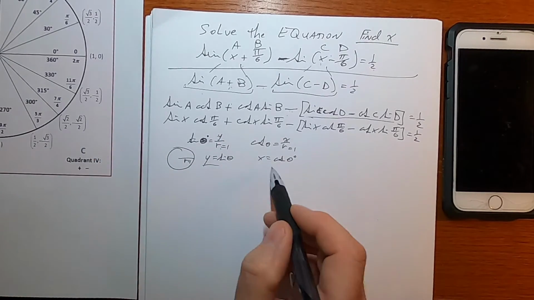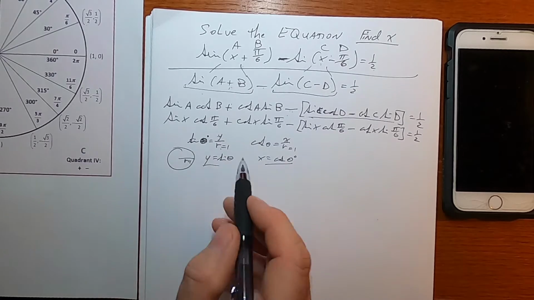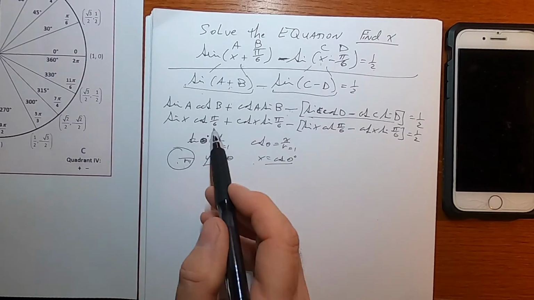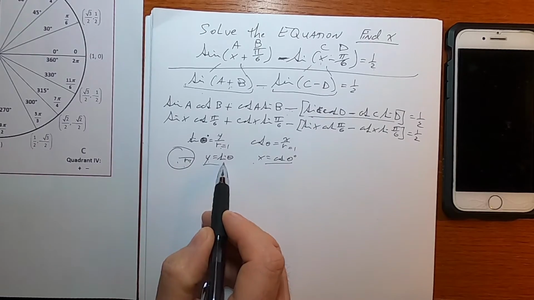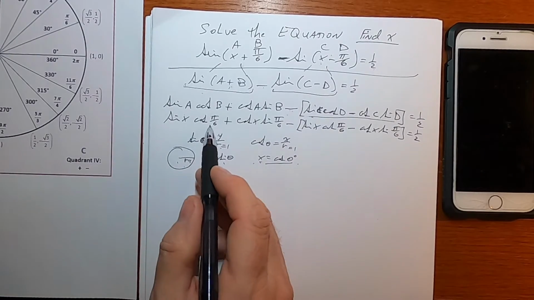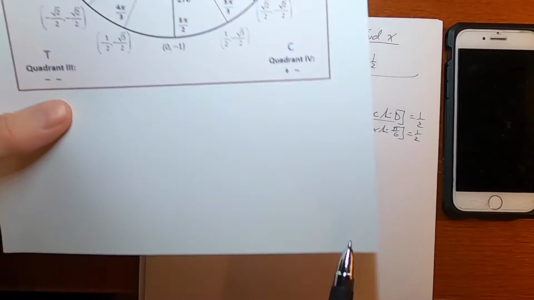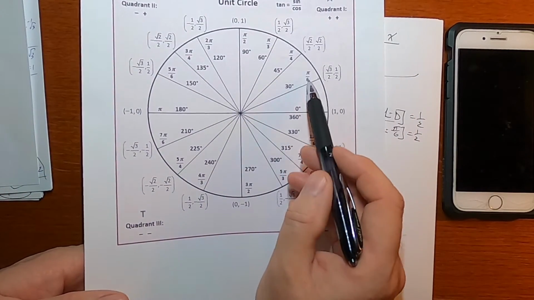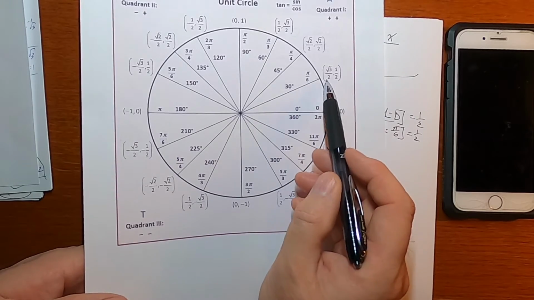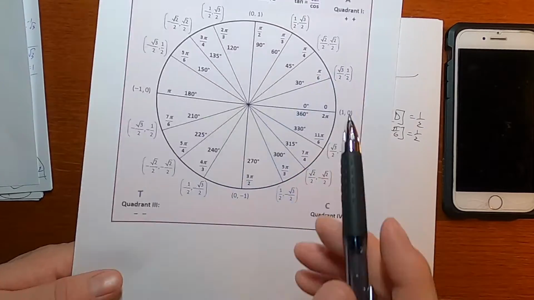So in this case, if we're dealing with unit circles, the y value is just the sine of the angle, and the x value is the cosine. So we're looking at π/6: the cosine of this would return the x value, the sine of this would return the y value.